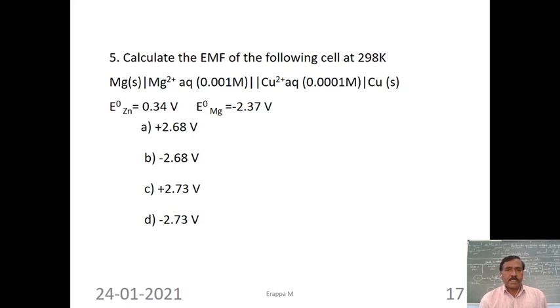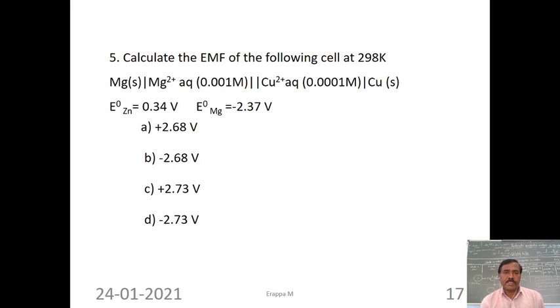Last question, calculate the EMF of the following cell at 298 Kelvin. Mg is dipped in Mg ions and copper is dipped in copper sulfate solution. The cell reaction is given. The metal is dipped in its own ions, the copper is dipped in its own ions, separated by a salt bridge. E naught values are given: copper is 0.34 volts and E naught for magnesium is minus 2.37 volts.